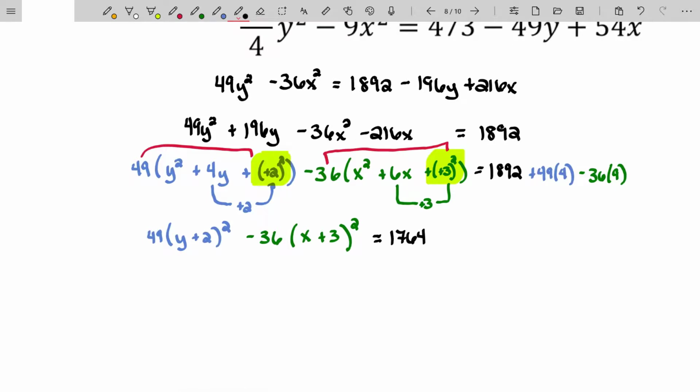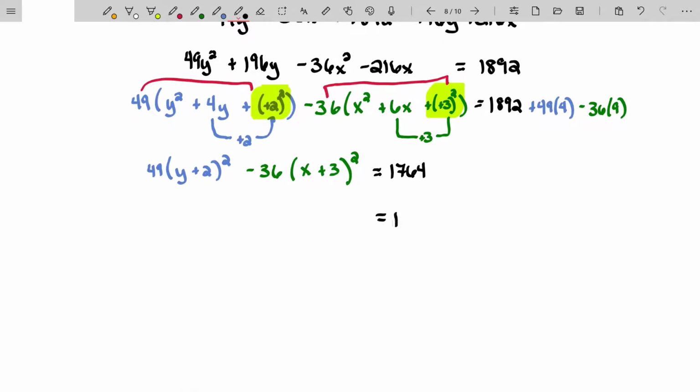Now, because I want to get this into hyperbola form, I need to divide both sides by 1,764. When you do that, 1764 goes into 49 36 times. So this is going to be y plus 2 quantity squared over 36 minus, and 1764 divided by 36 is 49, so x plus 3 quantity squared over 49.